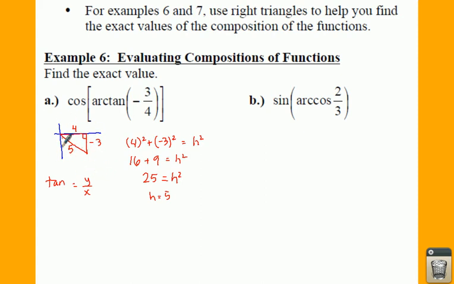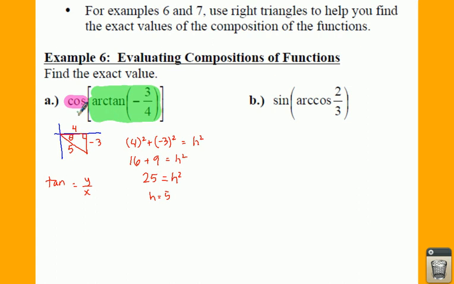So what this triangle helps you figure out is the cosine. We want to find the cosine of this triangle. Okay, the arctangent, whatever is on the inside, this helps you draw your triangle, tells you which quadrant you need to draw it in, and then you find this actual function that is on the outside. So in this case, we're going to find the cosine of this triangle down here.